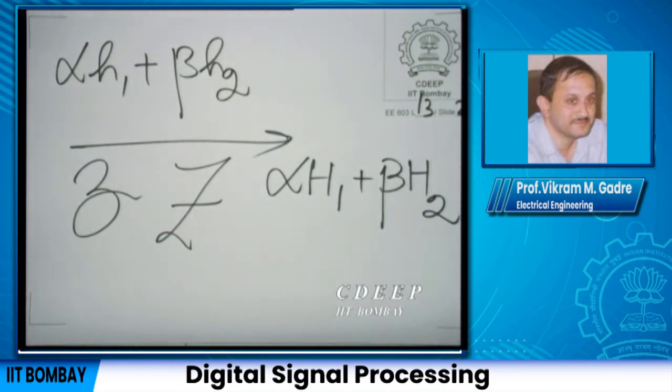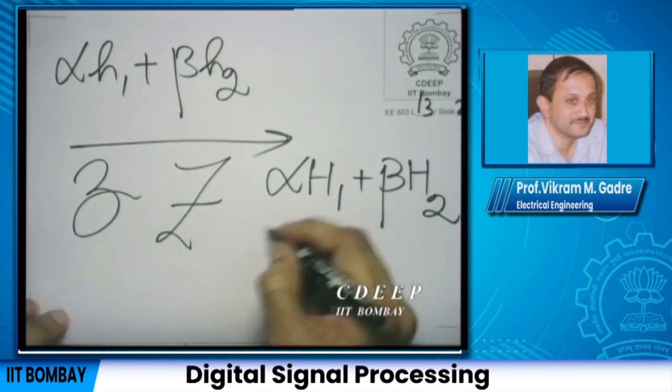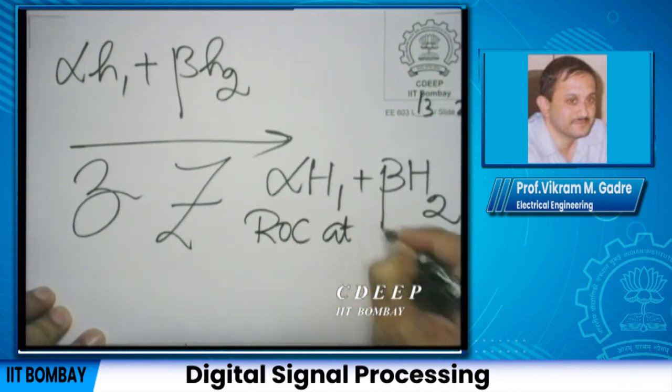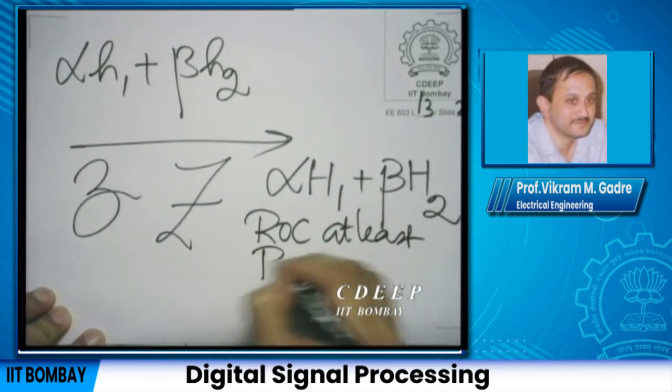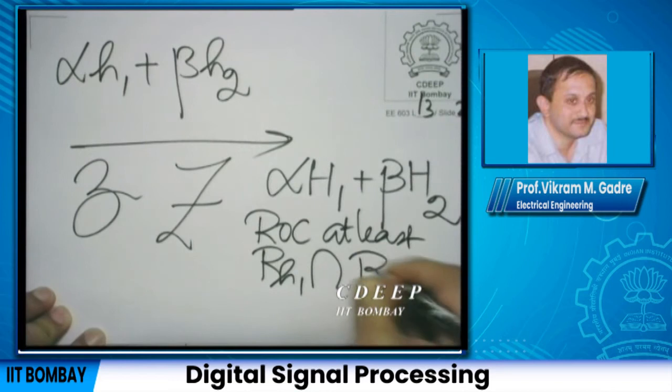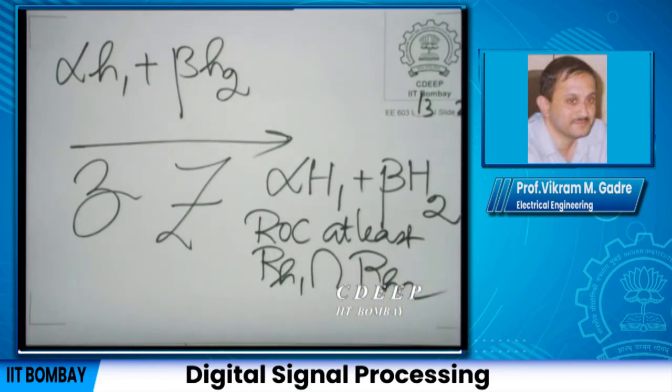Now comes the question of region of convergence. What do you think we can say about the region of convergence? The region of convergence is at least the intersection of R_H1 and R_H2. It could be bigger.